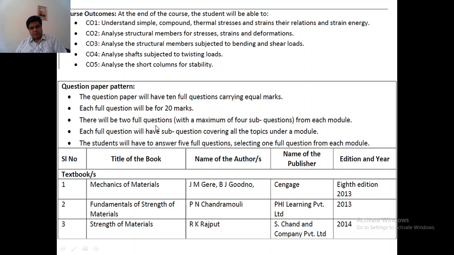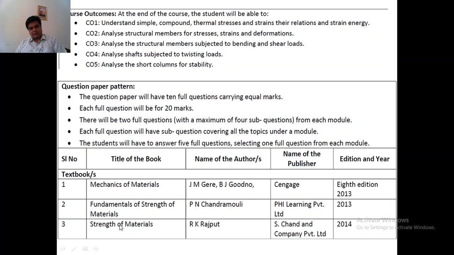Anyway, this is the question paper pattern. All of you know this. And before that, we have some textbooks on mechanics of materials. A few years ago, in the previous schemes, the subject was called strength of materials, for both mechanical and civil engineering, and the name was changed to mechanics of materials for mechanical students.